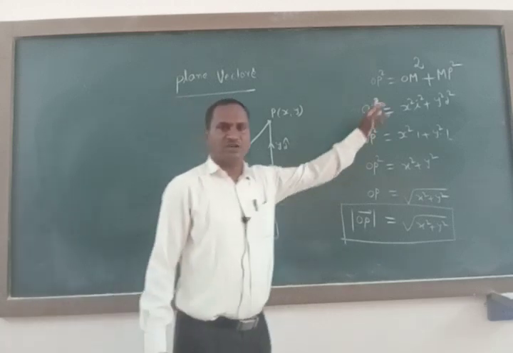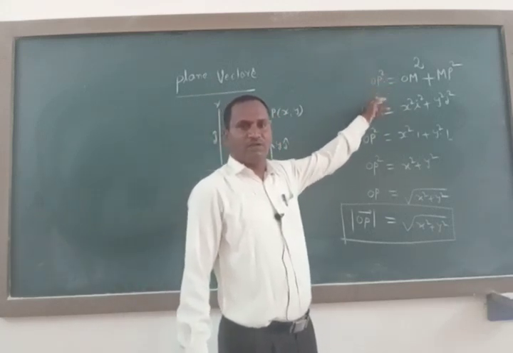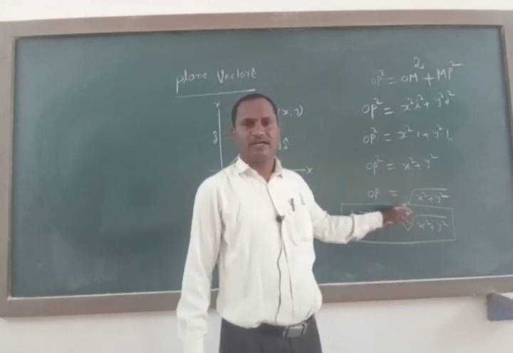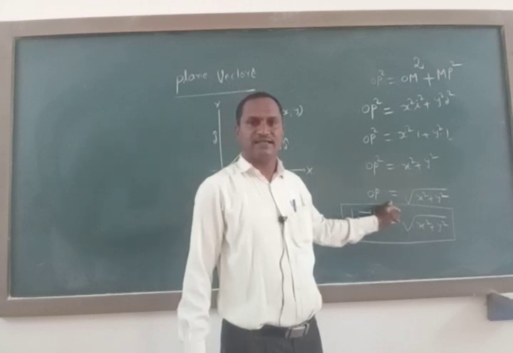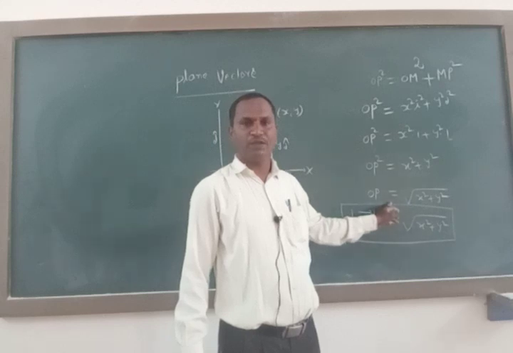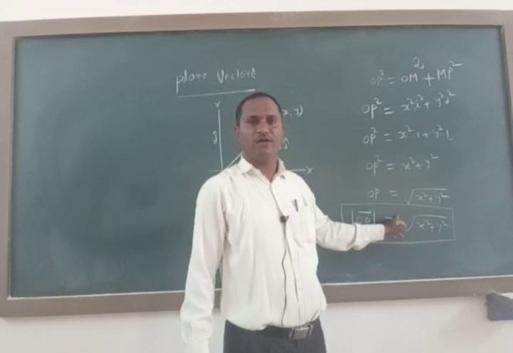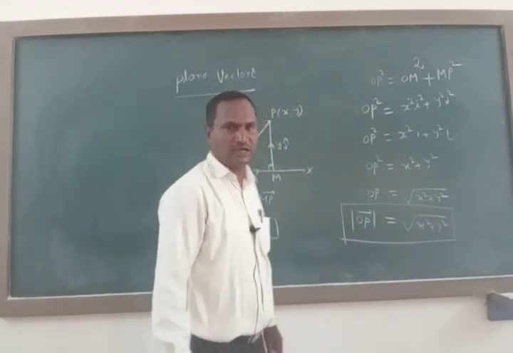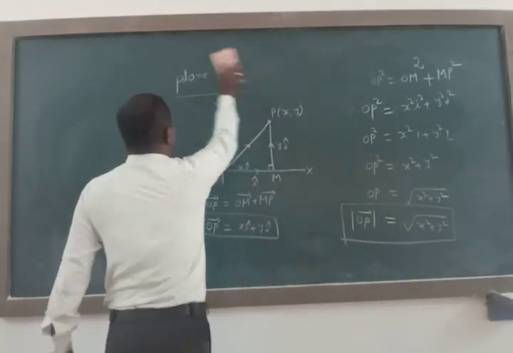According to the Pythagoras theorem, using the right angle triangle, we finally get OP is equal to the square root of x square plus y square. OP means distance, where in vectors OP can be considered as the magnitude of vector OP, keeping the vector OP bar under modulus. Magnitude of OP bar is equal to the square root of x square plus y square. These are the rules in plane. Next, space.